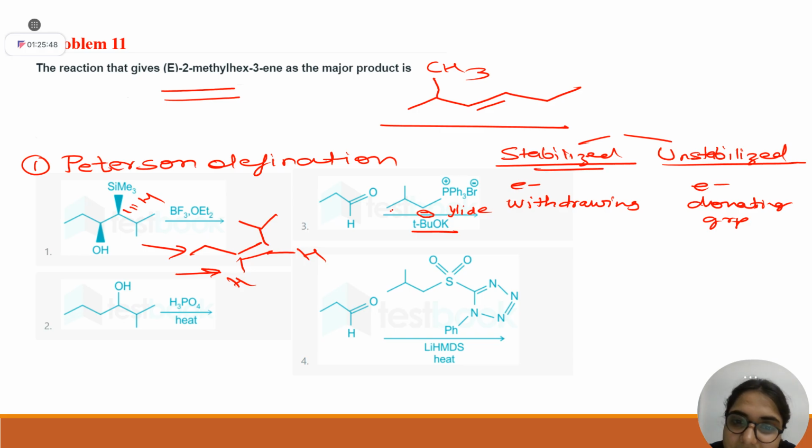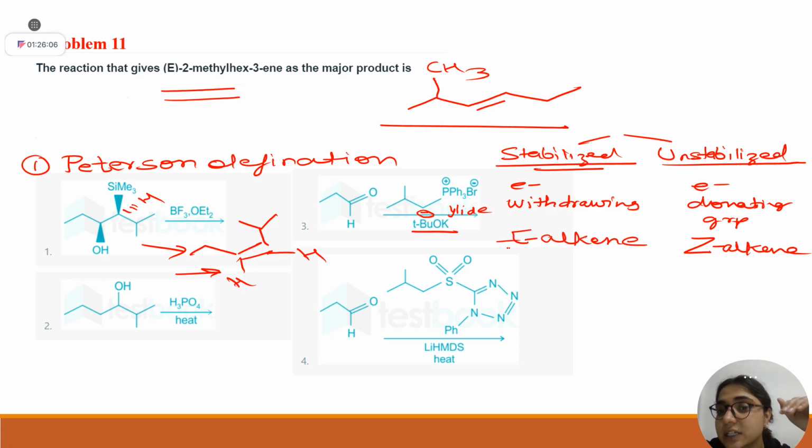Here alkyl groups are there. Alkyl groups have +I effect, so they are donating and will destabilize it. Unstabilized ylide gives you Z alkene, and stabilized ylide gives you E alkene.